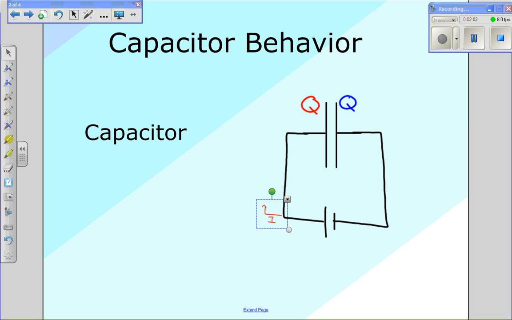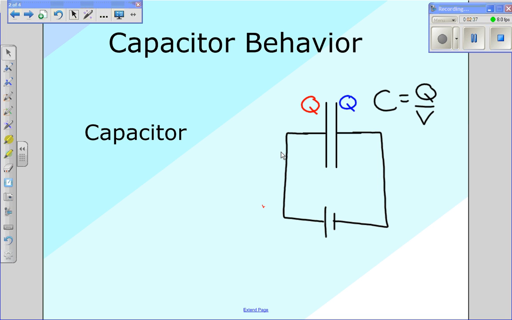The capacitor is charging, charging, charging, and then eventually the current is going to drop all the way down to 0, in which case we would consider this capacitor fully charged by the battery. And if you look at this circuit, the voltage across the capacitor is now the full voltage of the battery, and we would be able to use our standard equation, capacitance is equal to Q over V, in order to solve for the charge on the capacitor or the capacitance of this particular capacitor.